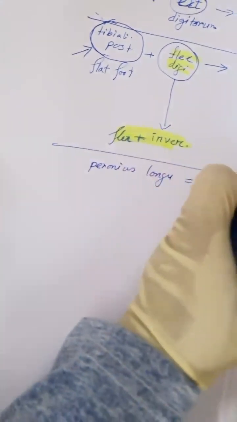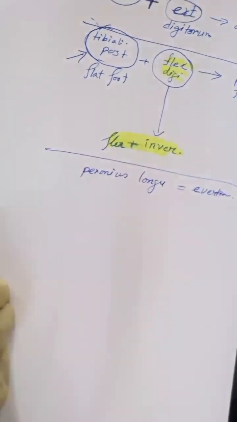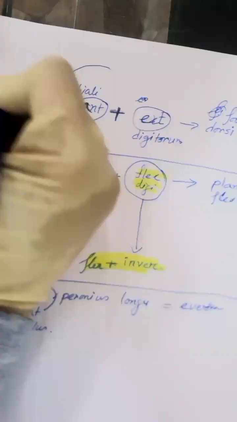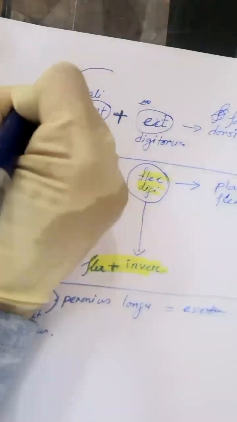Okay. I got a question on this tibialis posterior, and a question on peroneus longus about its position. This peroneus longus is behind the lateral malleolus. Another thing is the position: tibialis anterior, these vowels, are anterior to the medial malleolus.